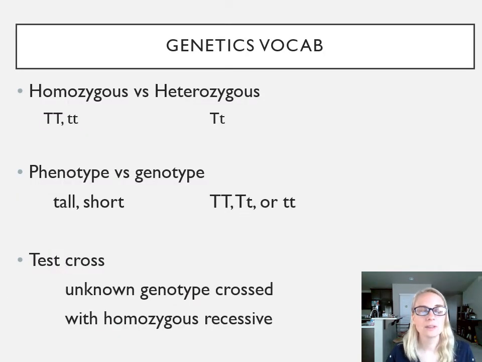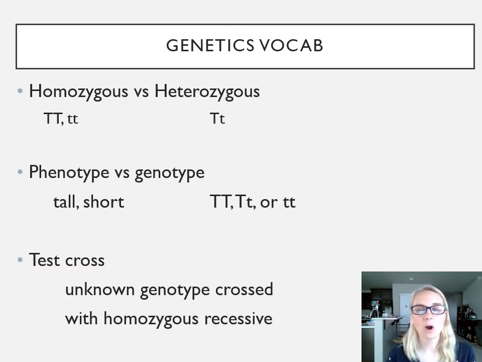Okay, and then lastly, these terms. This vocabulary is going to be so important when you're working on your genetics problems and trying to solve them. So when we are setting up our solving of inheritance problems, we typically assign the genes and the alleles letters instead of numbers.